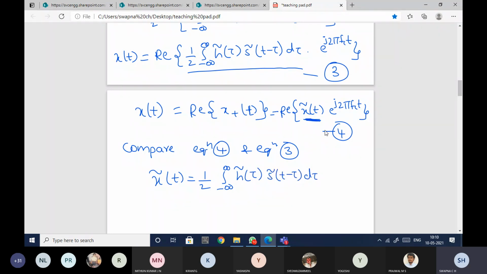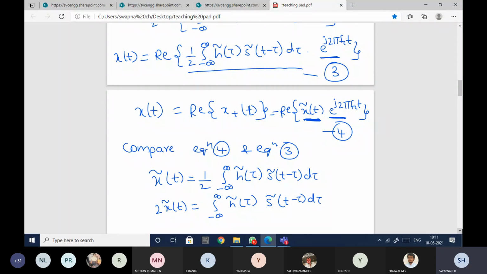I can even write this as 2x tilde of t is nothing but the integral from minus infinity to plus infinity of h tilde of tau into s tilde of t minus tau d tau.